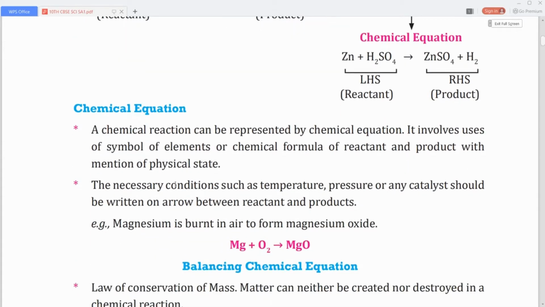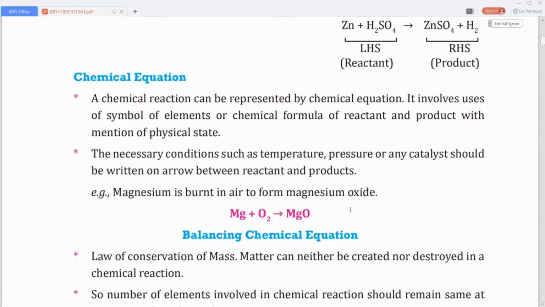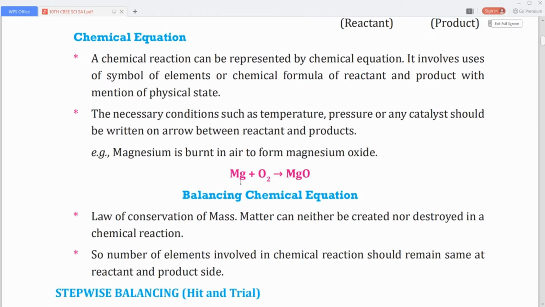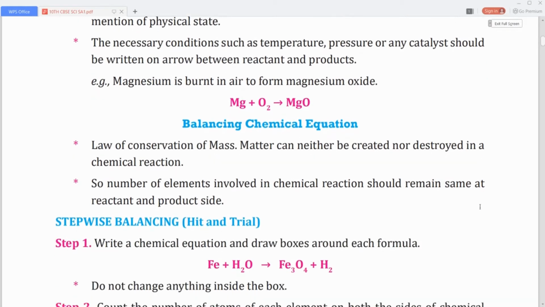Now we can see here the physical state, which may be solid, liquid or gas. The necessary conditions such as temperature, pressure or any catalyst should be written on the arrow between reactant and product. When magnesium is burnt in air to form magnesium oxide, Mg plus O2 gives MgO.